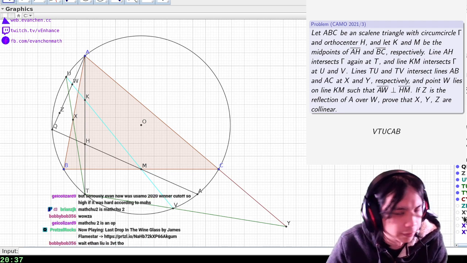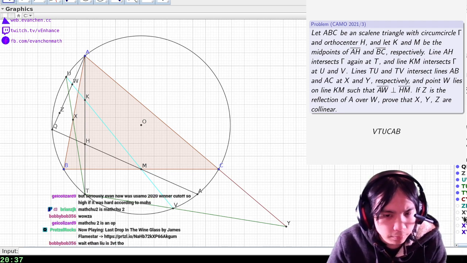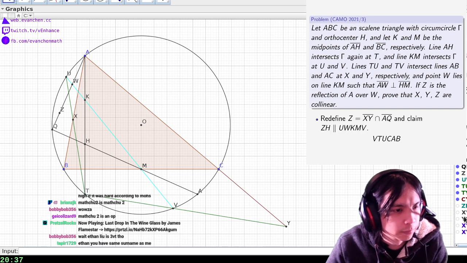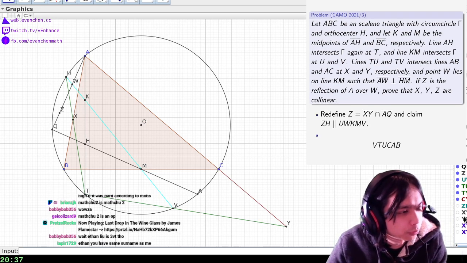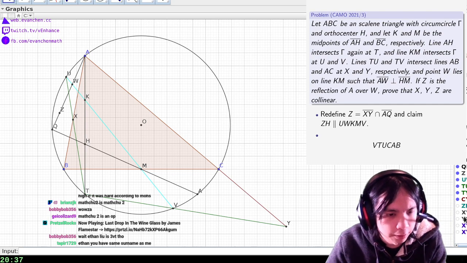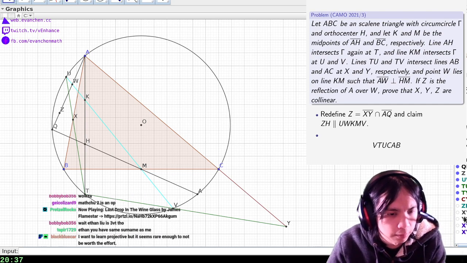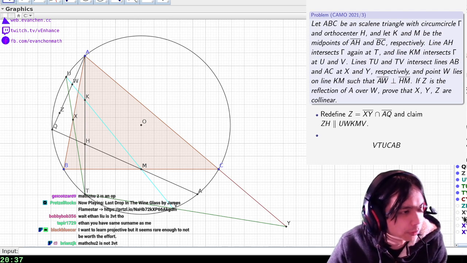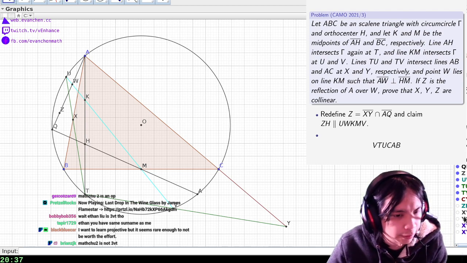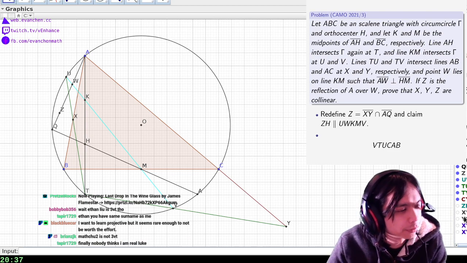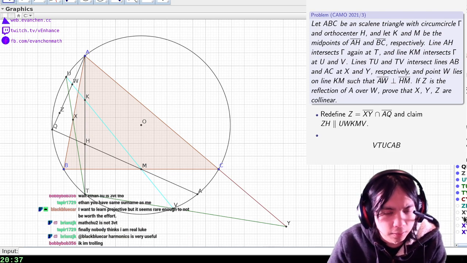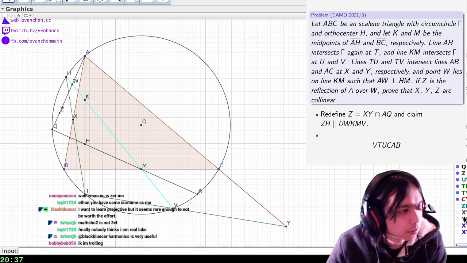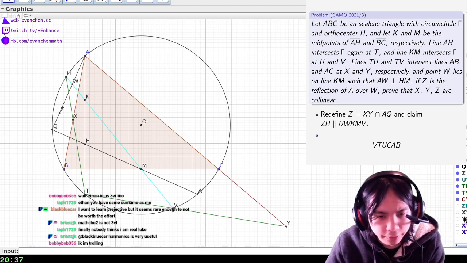to U, W, K, M, V. Well, then because Q, T, B, C is harmonic, it follows that by projecting onto XYZ, you get Z, AH intersect XY is harmonic.